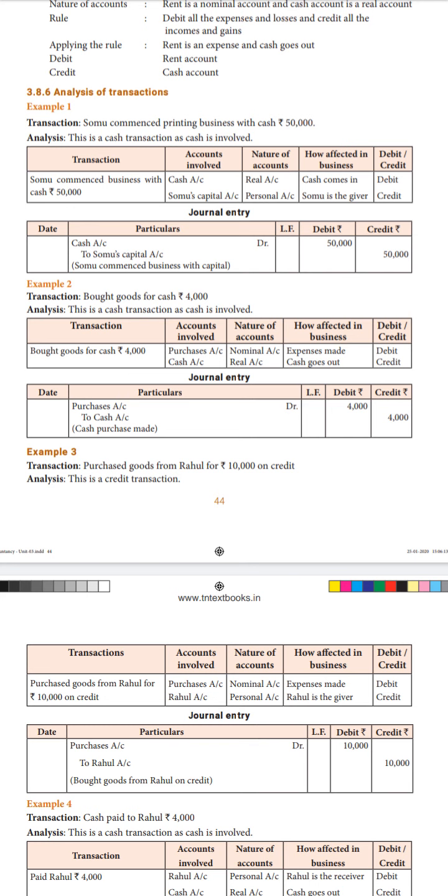Somu commenced printing business with cash rupees 50,000. First, we must analyze whether it is a cash or a credit transaction. Okay, what is a transaction? A transaction is an activity which occurs in the business organization where money or money's worth is involved.